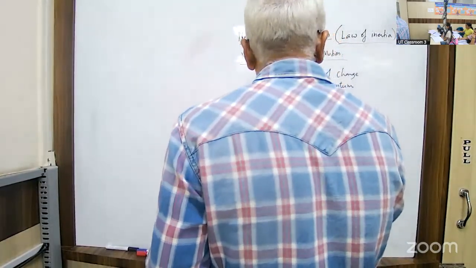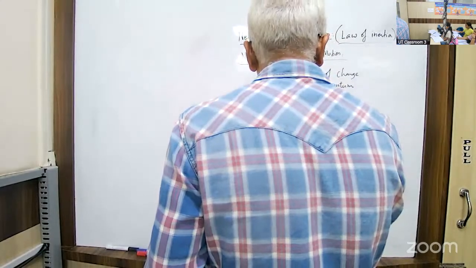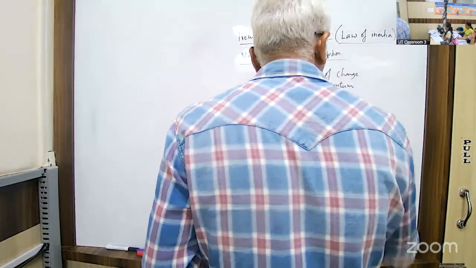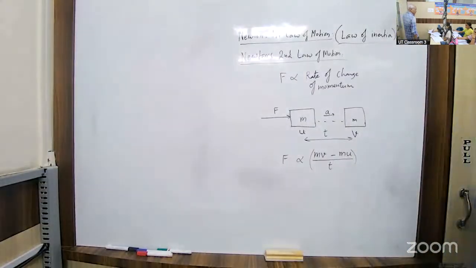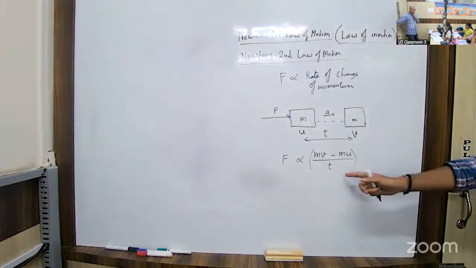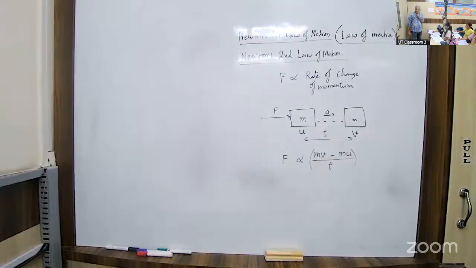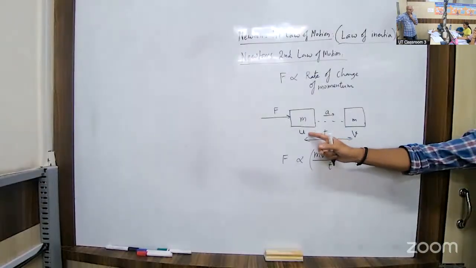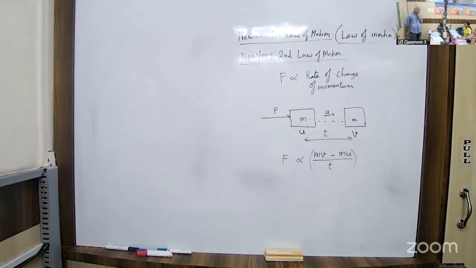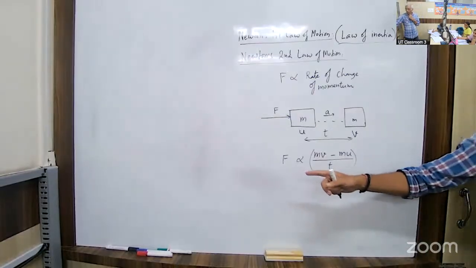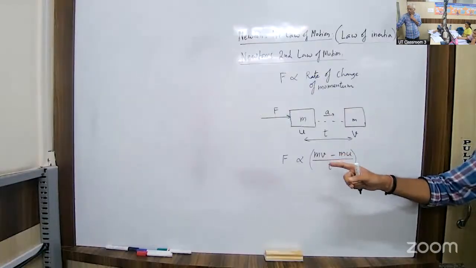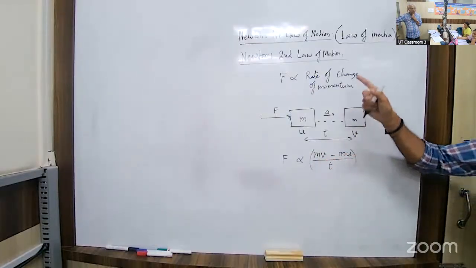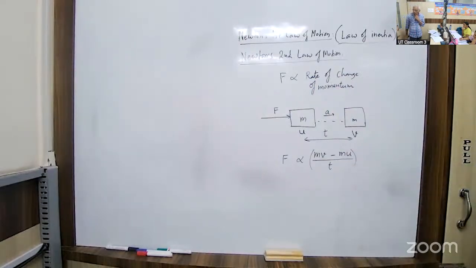So the rate of change will be this. F is therefore proportional to this. Rate of change is how much time the momentum takes, the time in which its initial velocity changes from u to v. In time t, mu to mv. Therefore, in unit time, that is the rate. Rate is always per unit time.